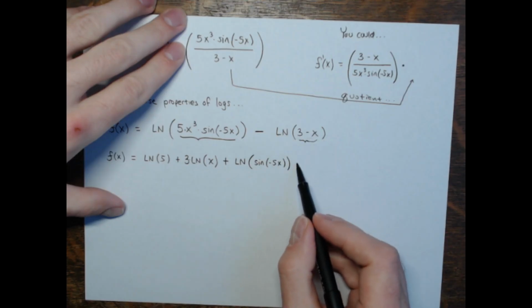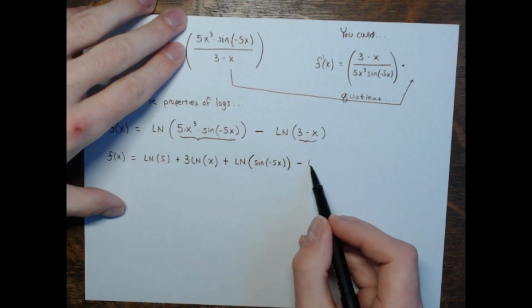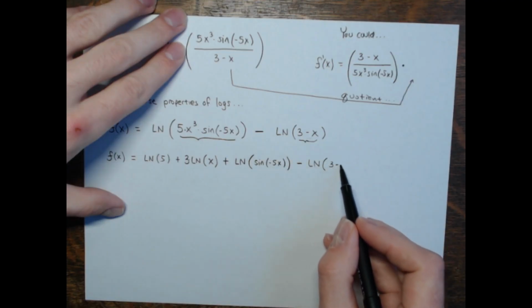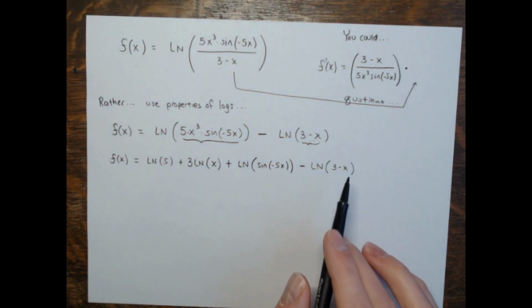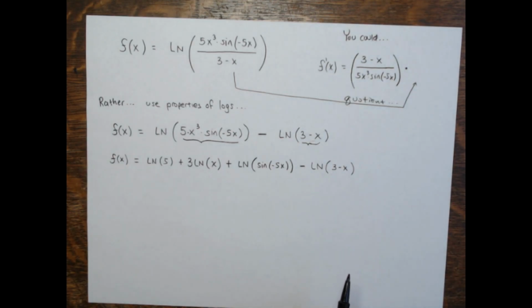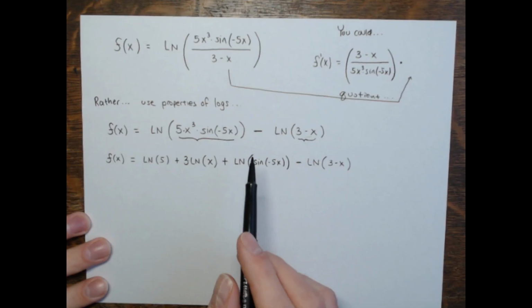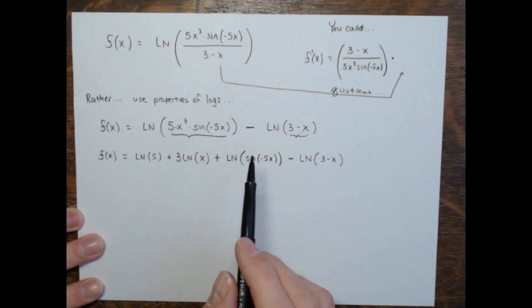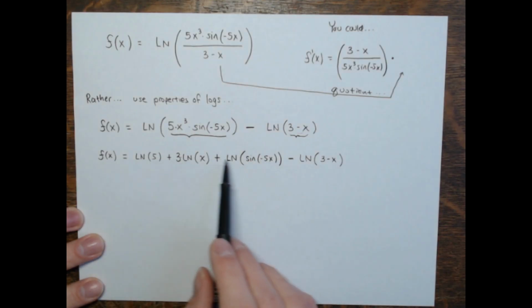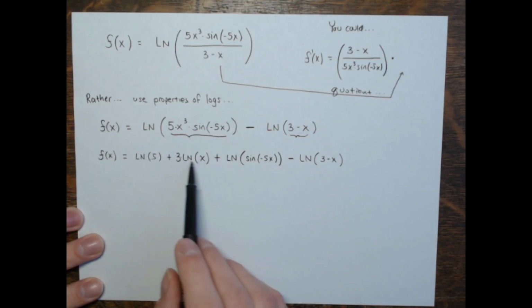So I can't apply any properties to that log. So that's just going to stay minus the natural log of 3 minus x. All right, so now I've used all the properties of logs I could. Quotient, power, product.